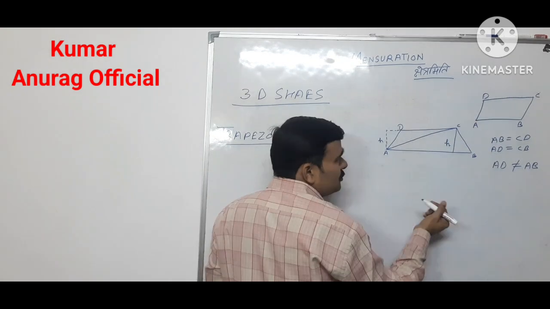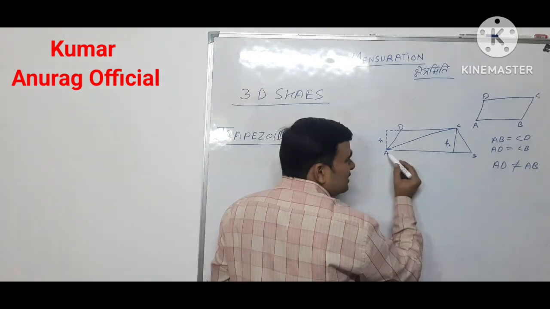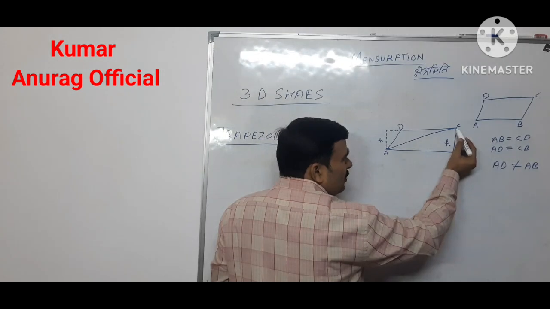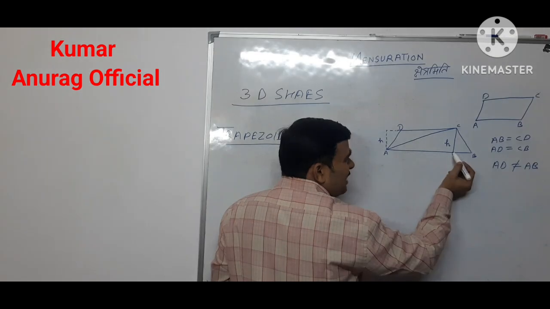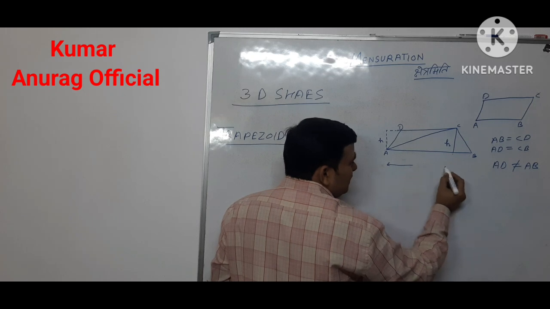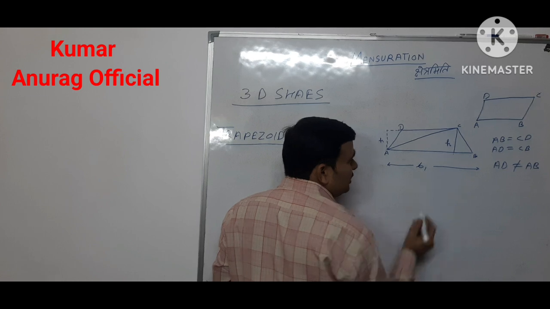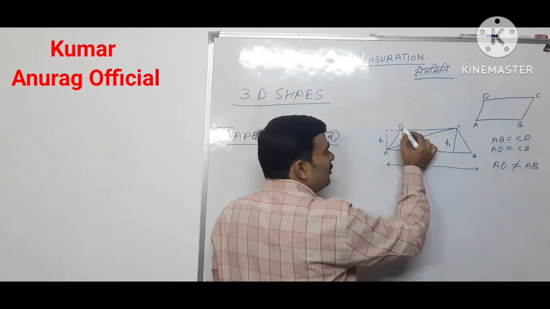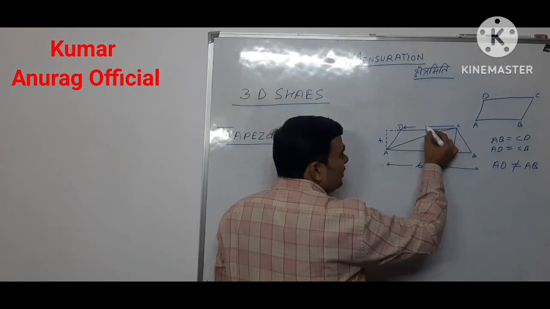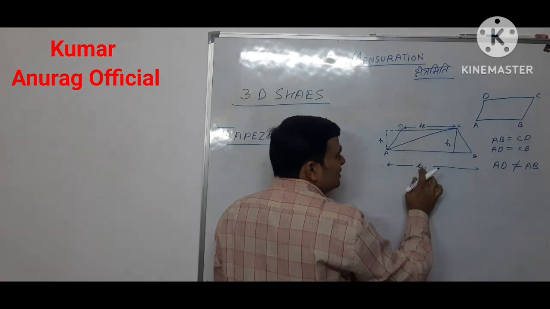Now if we draw a perpendicular from point C to the base AB, it can be drawn like that. Now we can name this the height of the trapezoid, and we can name this the breadth and denote it B1, and this is also the breadth or length that we can denote with B2.